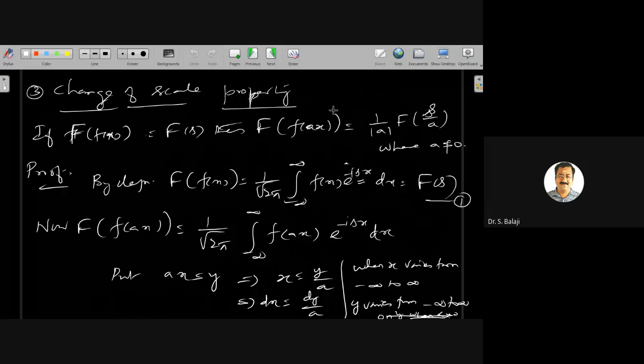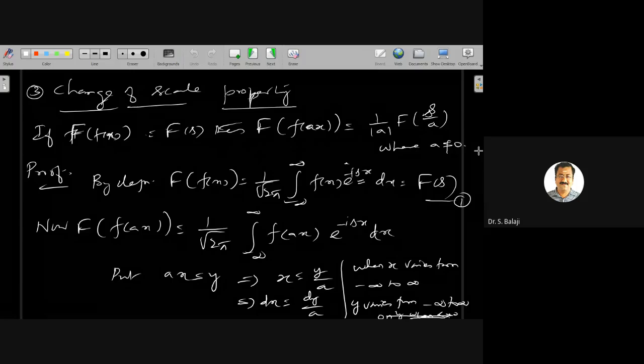If the Fourier transform of f of x is F of s, then the Fourier transform of f of ax equals 1 by modulus of a times F of s by a, where a is not equal to 0.